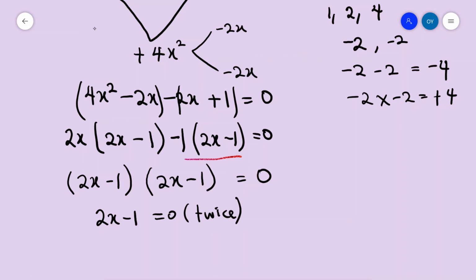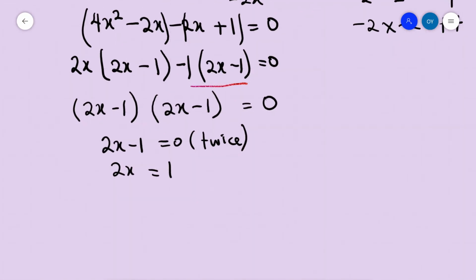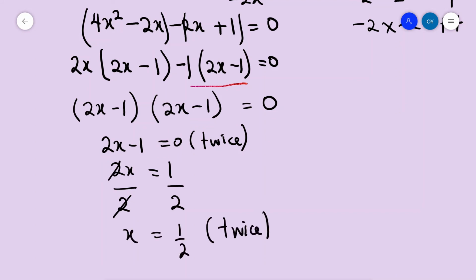So that means 2x equal 1, and we divide both sides by 2 so that x equal half twice. So the values of x to make the equation equal 0 is 1 over 2 twice.